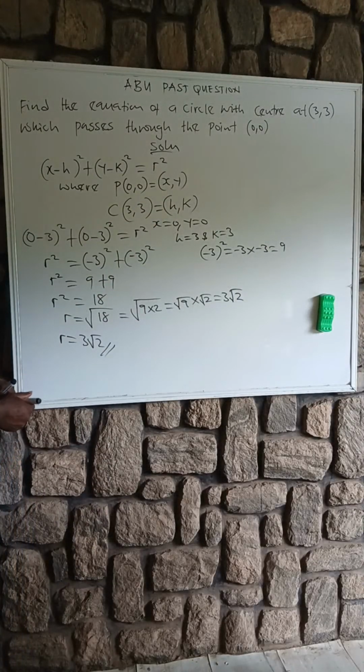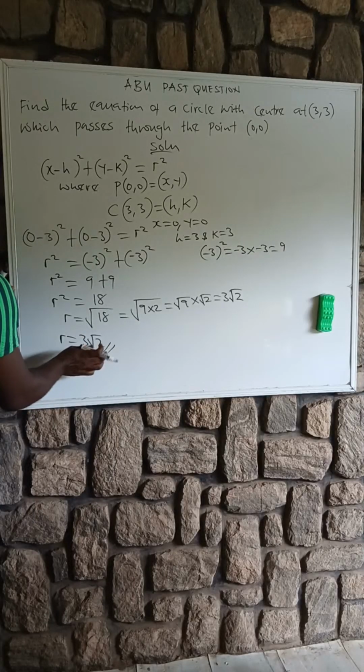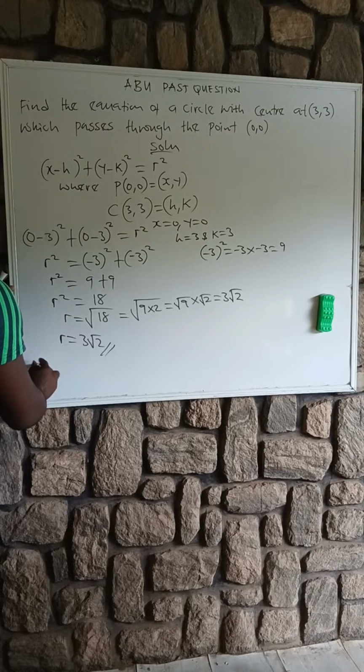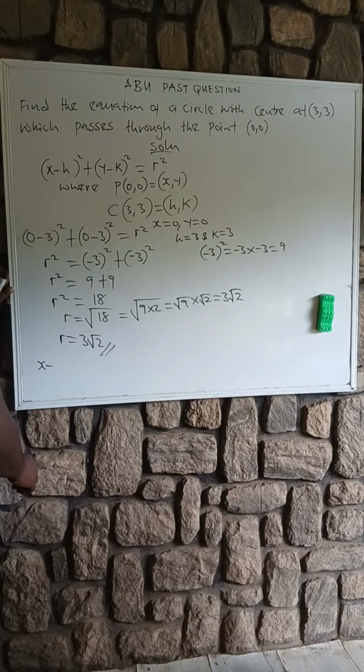So what we need to do is equate this to this. So here will now be x minus h.